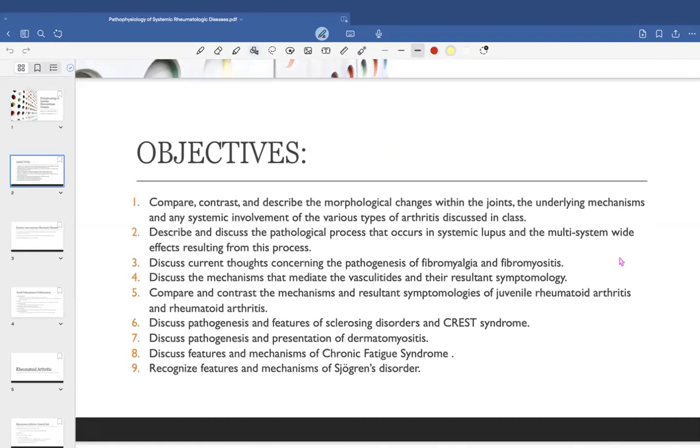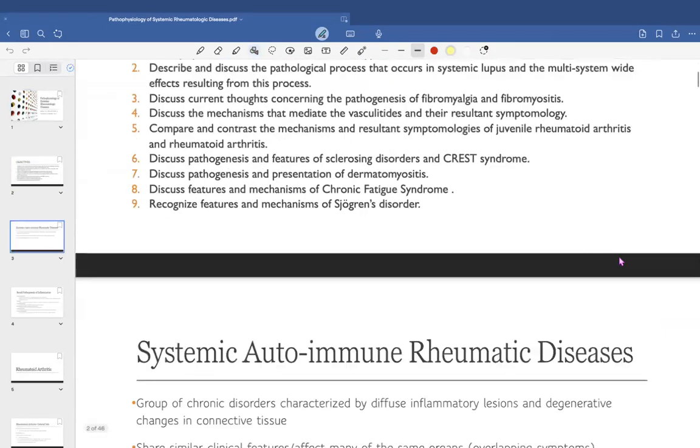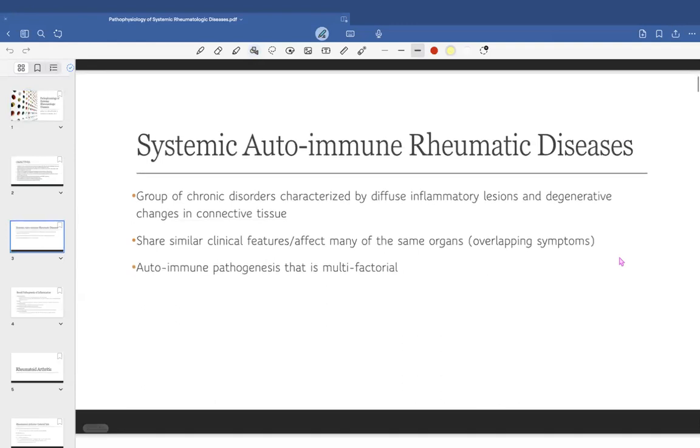So, again, when I prefaced this the last time we met, some of your rheumatologic diseases are systemic. Why? Because they involve connective tissues, and connective tissues are found everywhere in our bodies.